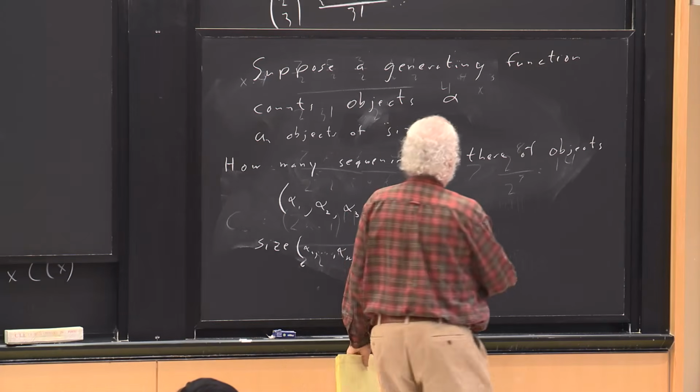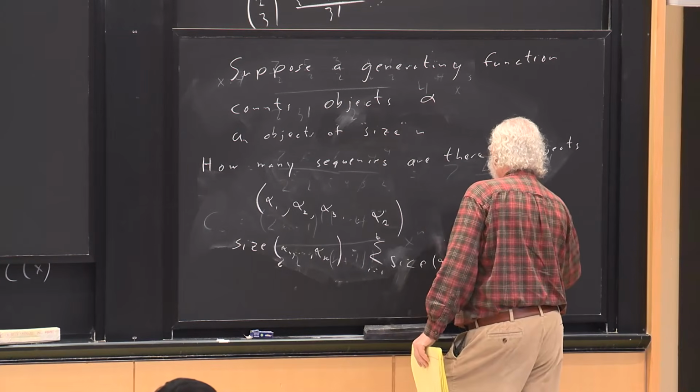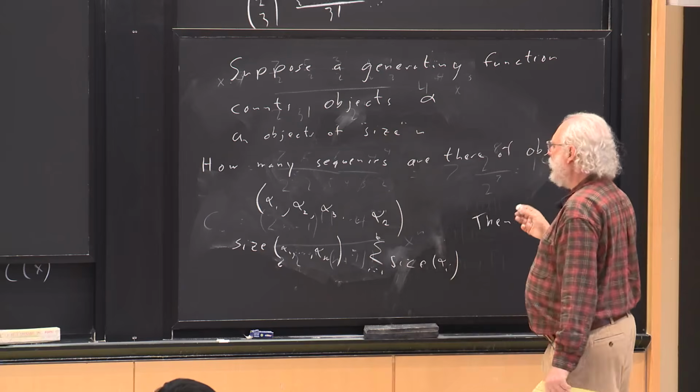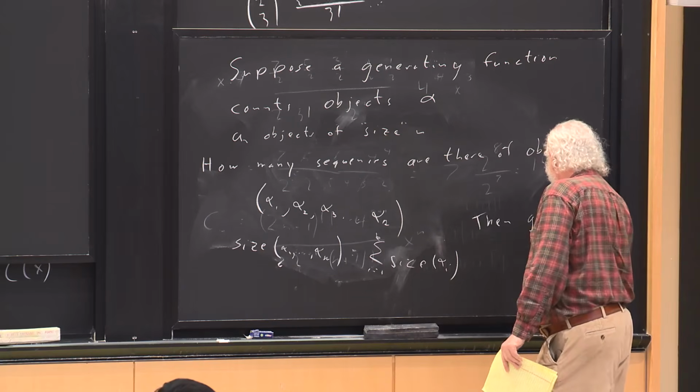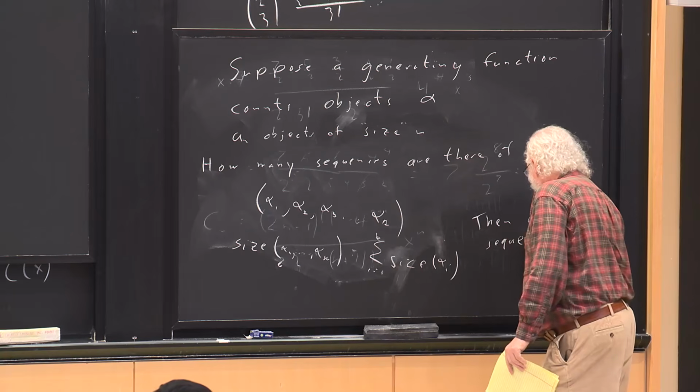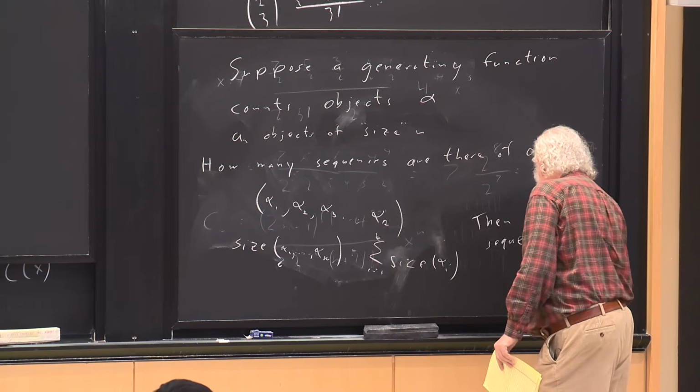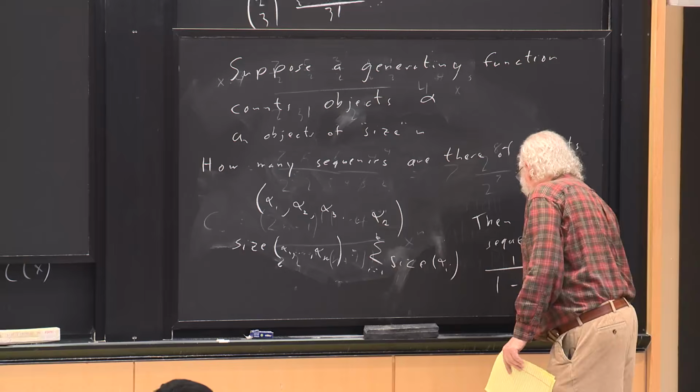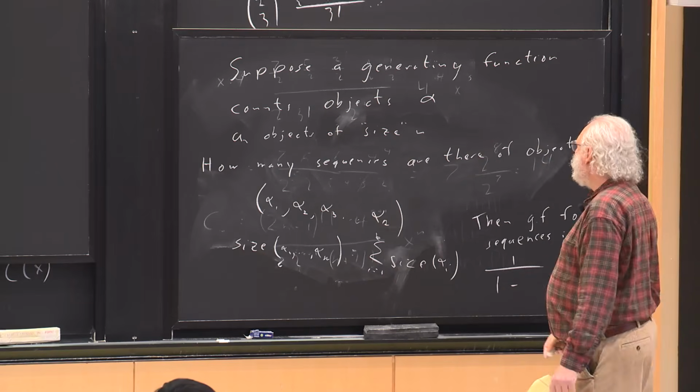Then the generating function for the sequences is 1 over 1 minus the generating function for the objects.